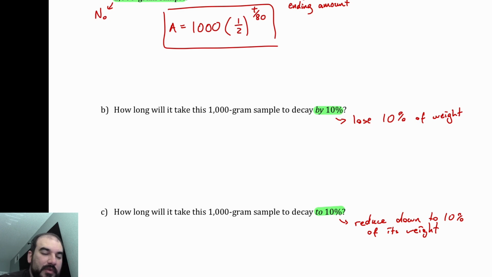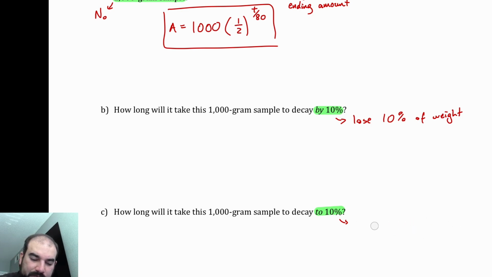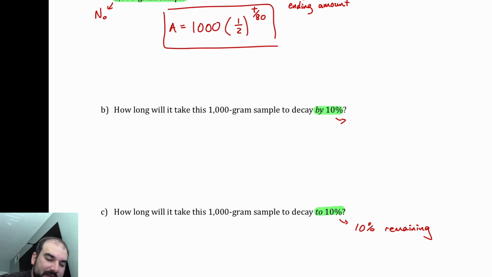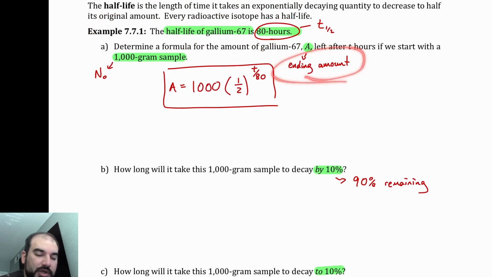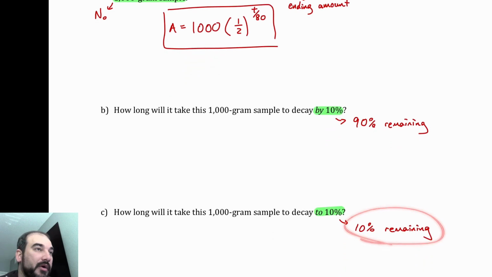So the first one, decay by 10%, is talking about losing 10% of its weight. Decay to 10% means you're dropping all the way down to only 10% remaining. Actually, that might be better to write here: 10% remaining. Whereas if you decay by 10%, the amount remaining is 90%. Right? The remaining amount is going to be your ending amount, which you have to figure out from 90% remaining or 10% remaining.